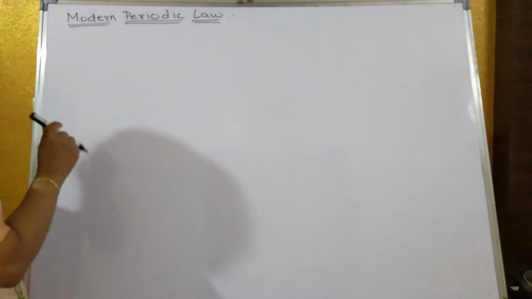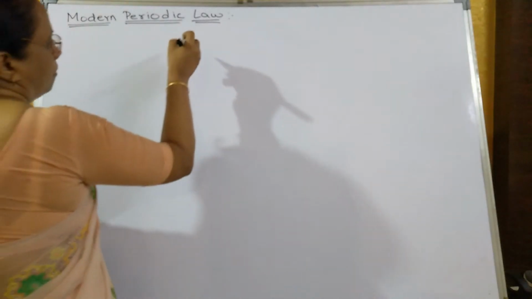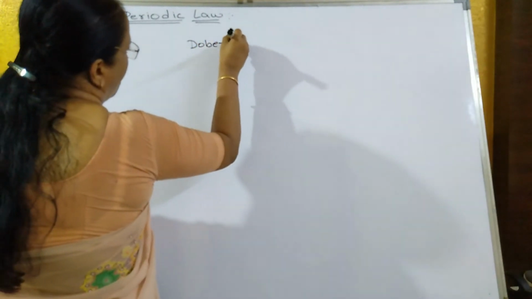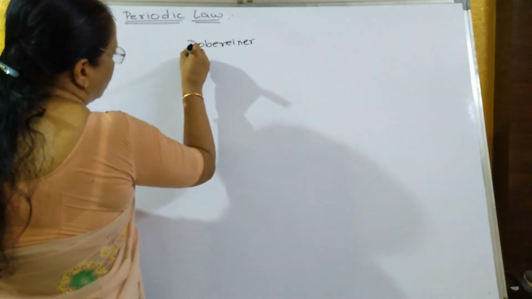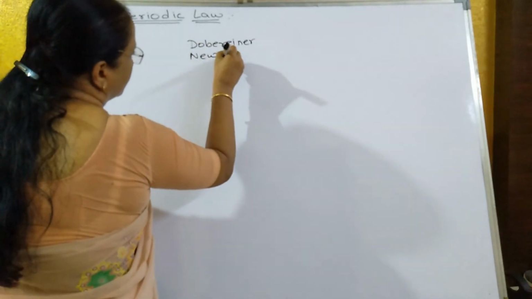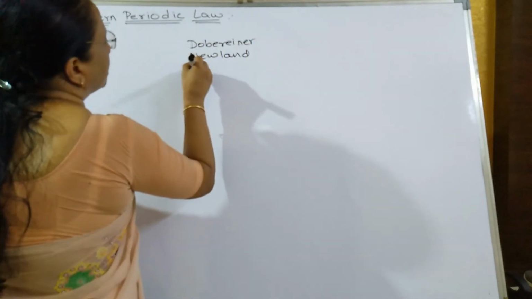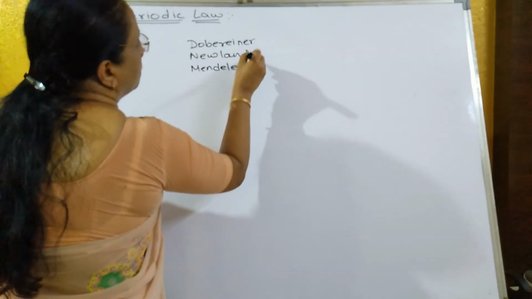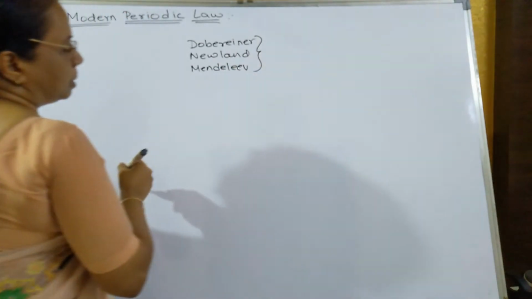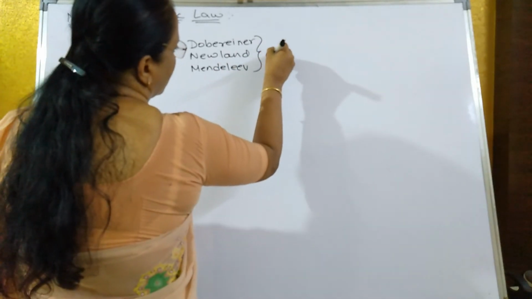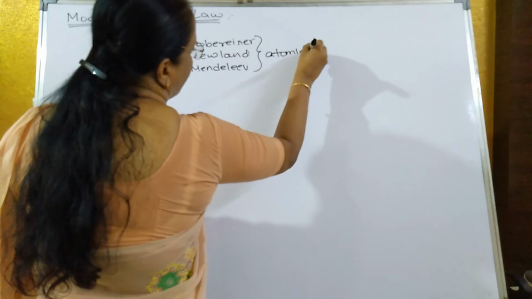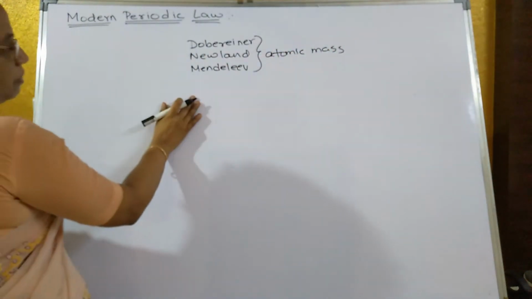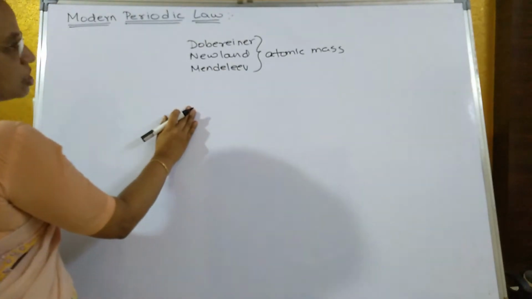Now, the modern periodic law. When Dobereiner, Newland and Mendeleev prepared the periodic table, it was based on what? Atomic mass. Why had they prepared it on the basis of atomic mass?